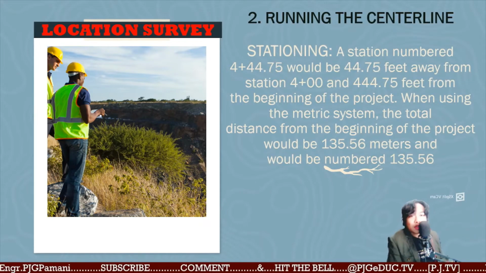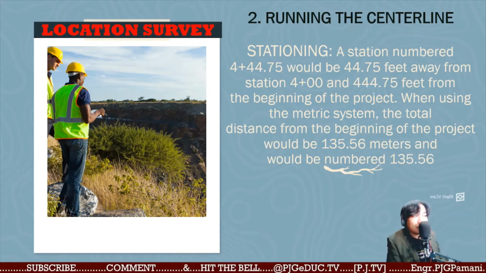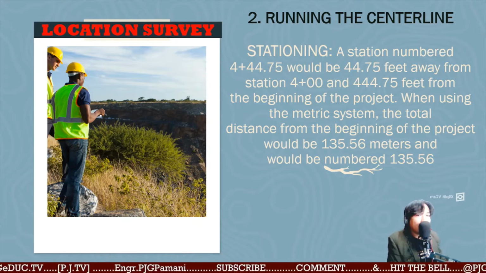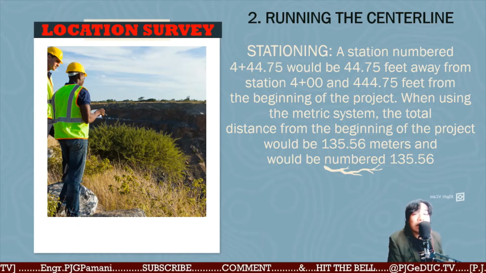With regards to stationing, an example on the use of stationing: a station numbered 4 plus 44.75 would mean we have 44.75 feet away from the fourth station.